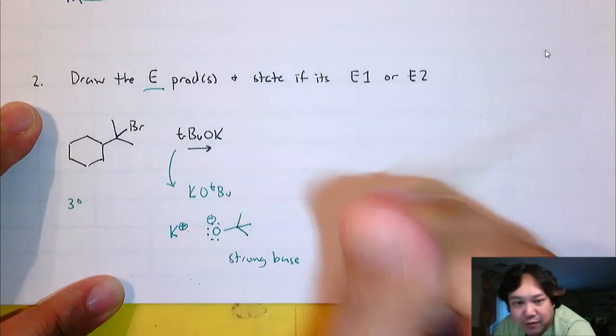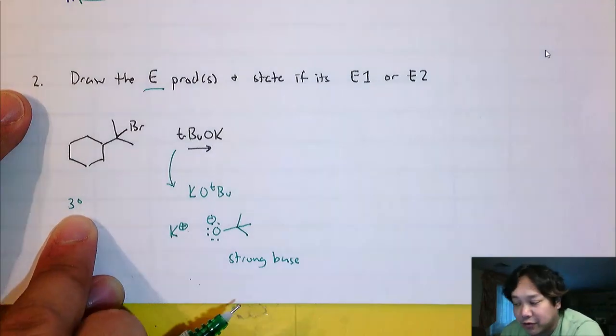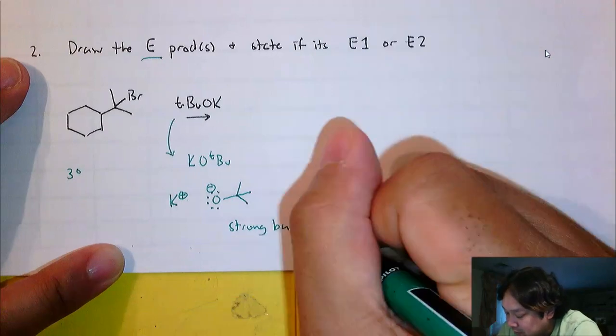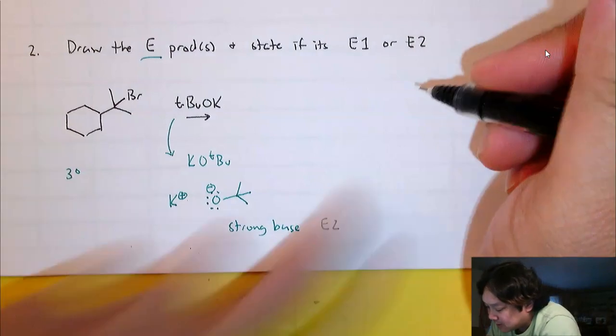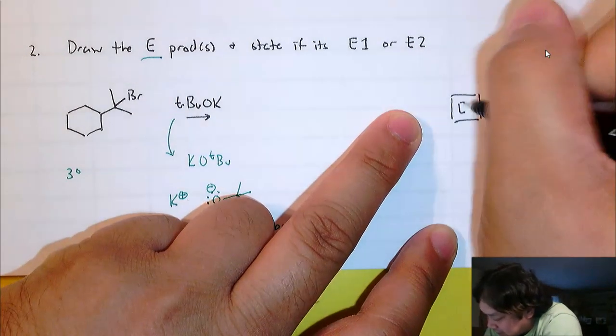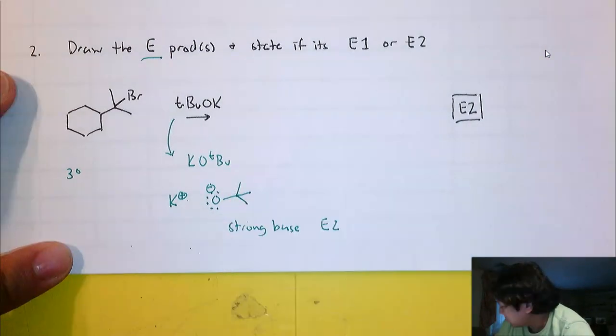And on the video, regardless of whether the alkyl halide is primary, secondary, or tertiary, if you have a strong base, you are going to definitely do E2. So in a box, I'm going to write the mechanism is following E2 pathway. I haven't drawn the products yet.